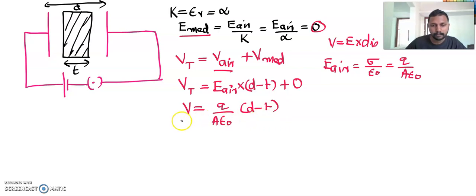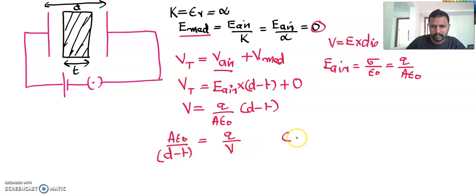Now we know the potential, and if I retain this Q and take V to the other side, Q by V is equal to A epsilon 0 divided by D minus T. Clear? What's Q by V?